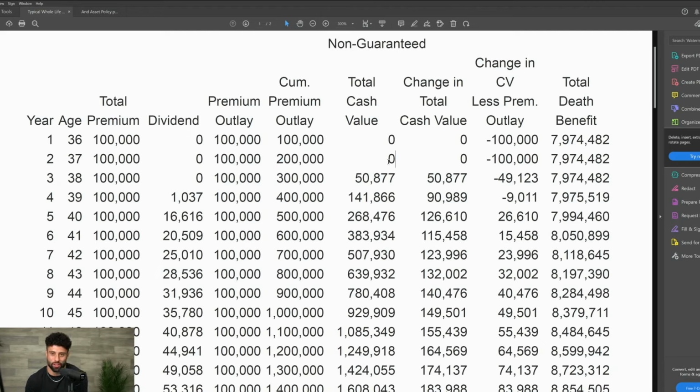So when somebody asks, how soon can I borrow against my policy? Well, if you have a typical whole life policy, the answer is you can't borrow any within the first 2 years. Finally, in year 3, you have the ability to borrow some funds. I just wanted to make that real clear.